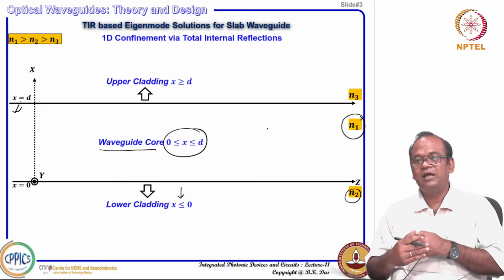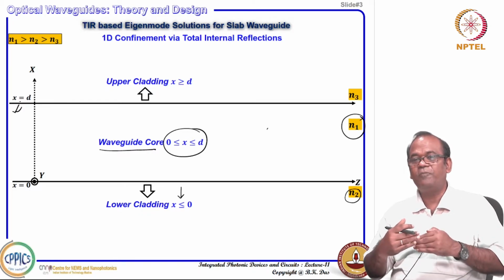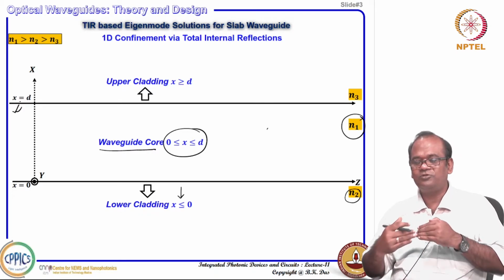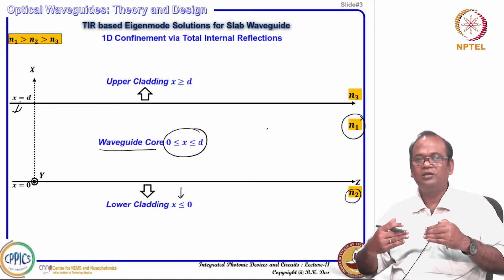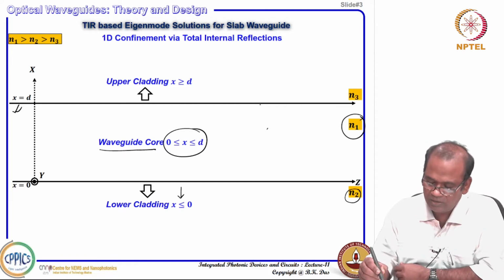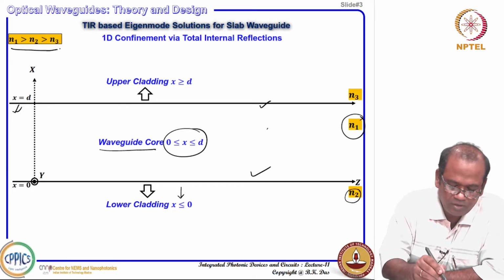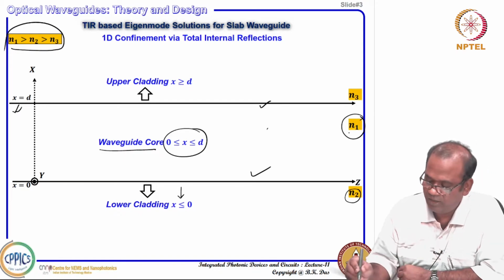As I mentioned earlier, in this type of situation light is free to propagate along the y direction as well as the z direction, and only it will be confined along the x direction because of the total internal reflection here and here. Why will total internal reflection take place? Because we have chosen this condition: the refractive index of this region, N1, is greater than N3 and N1 is greater than N2.